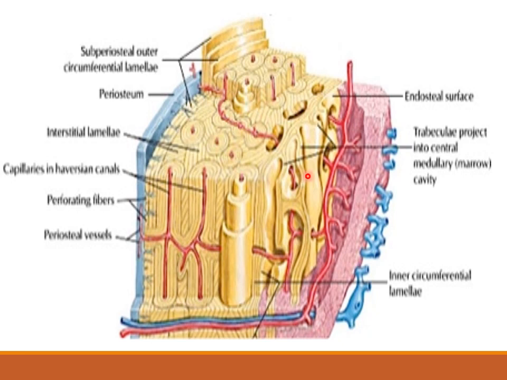Again, here is a picture showing you number 1, the nutrient artery running into the bony cortex at the juxta-endosteal zone, divided into ascending and descending branches.